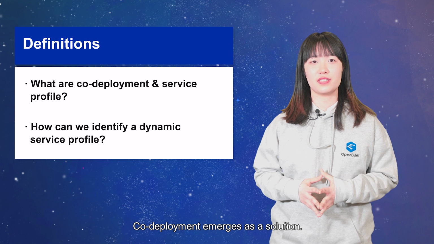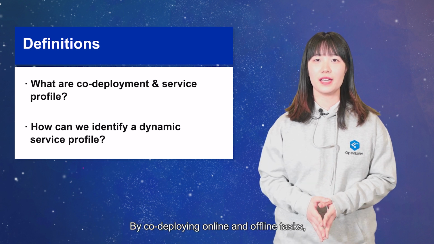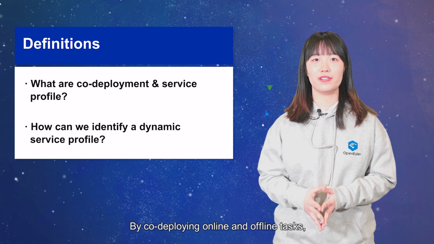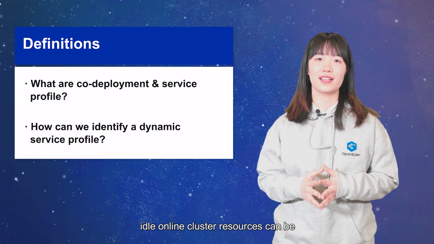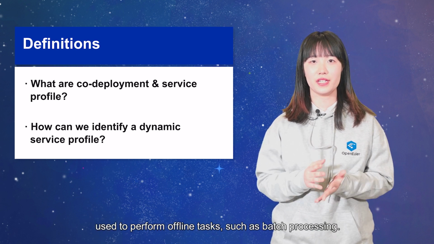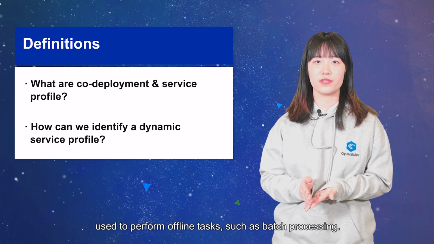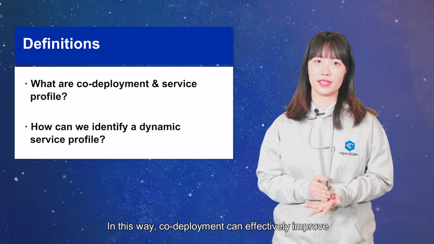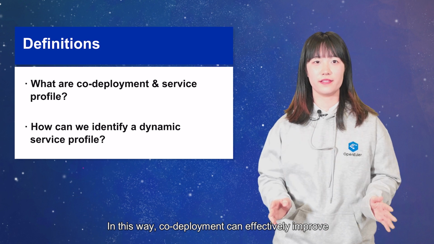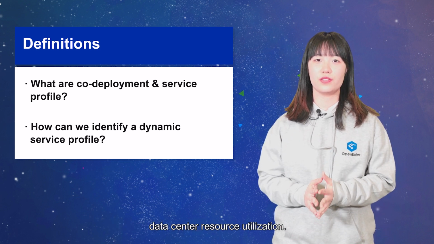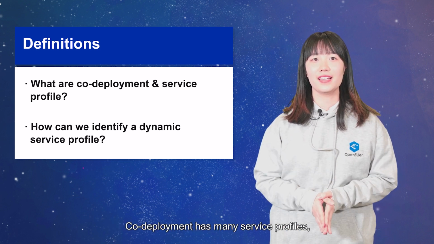Co-deployment emerges as a solution. By co-deploying online and offline tasks, idle online cluster resources can be used to perform offline tasks, such as batch processing. In this way, co-deployment can effectively improve data center resource utilization.